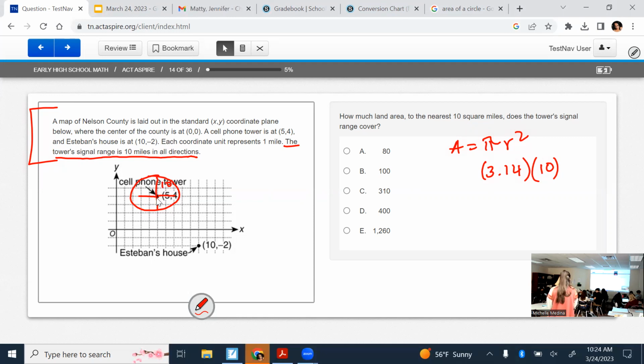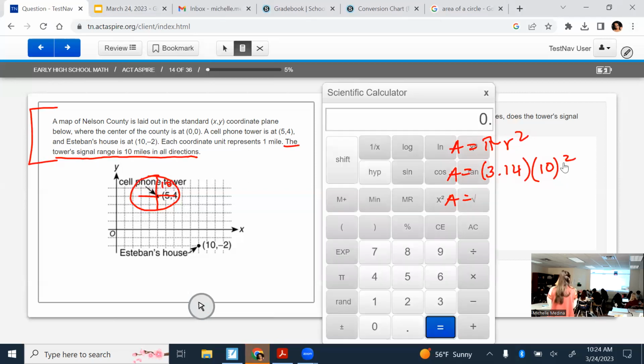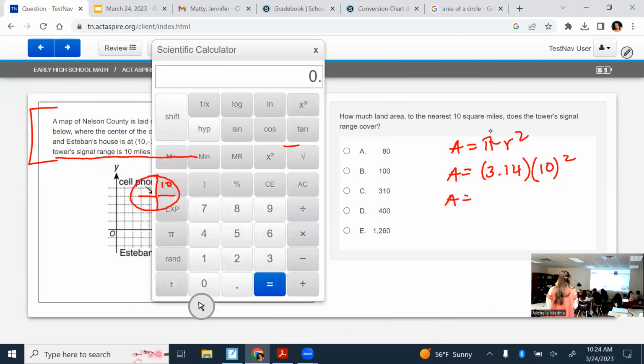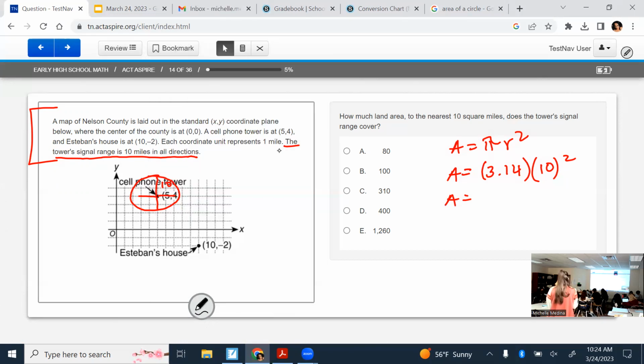So yeah, that's the radius. And then plug that into your calculator and solve. Make sure you do the exponents first. But these calculators aren't the best. So you probably want to do the exponent first. 10 squared is 100. 100 times 3.14 is 314.